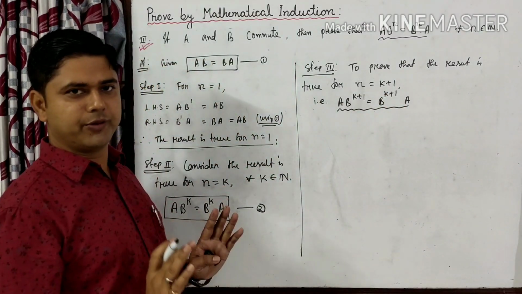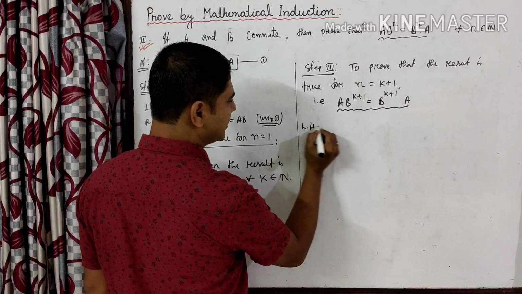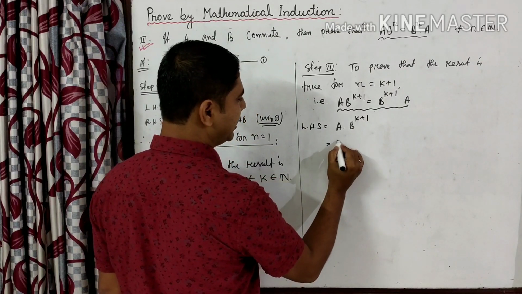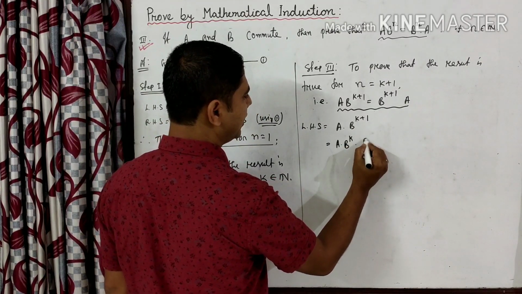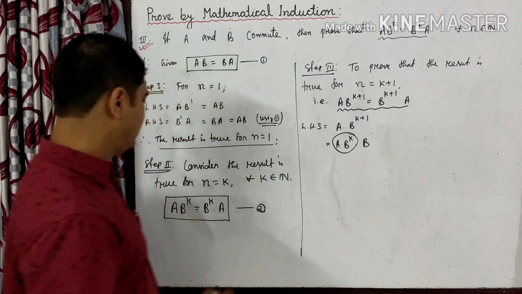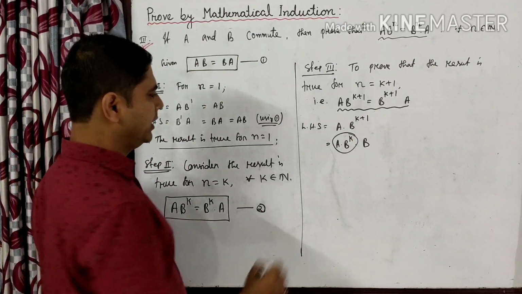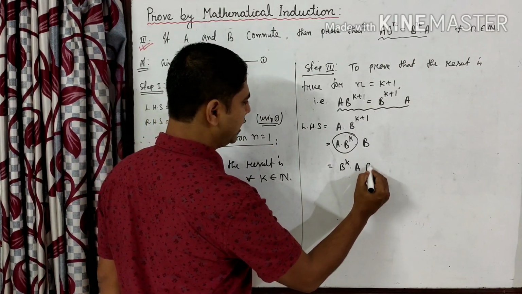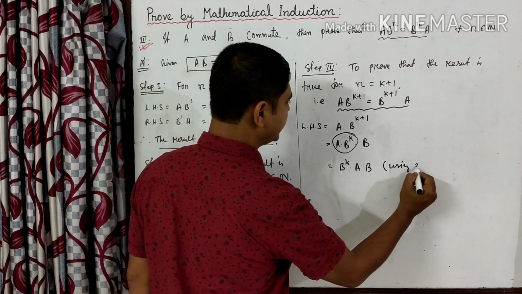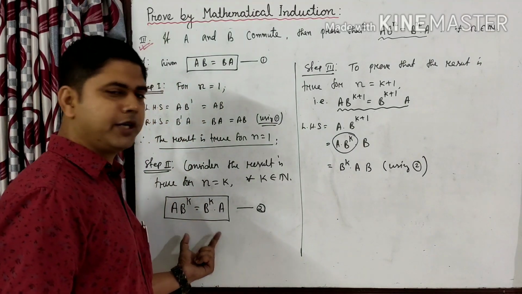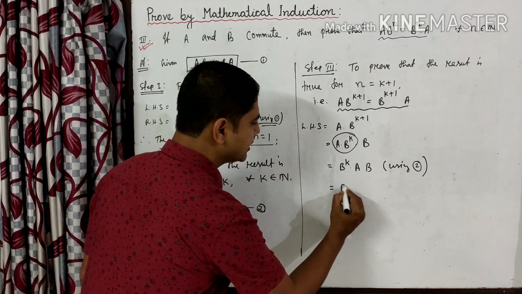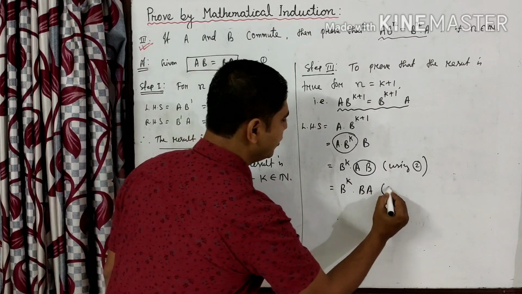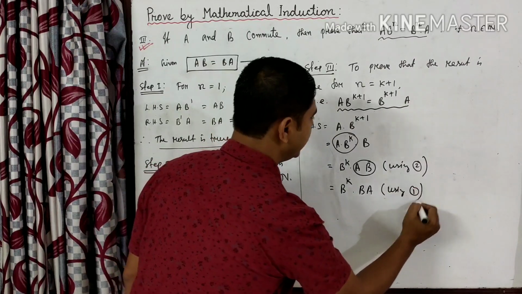Now what is the left hand side of this part? A into B to the power k plus 1. This can be written as A into B to the power k into B. What is the value of A into B to the power k? With the help of equation 2, this can be written as B to the power k into A into B. Again, AB can be written as BA, using equation 1.